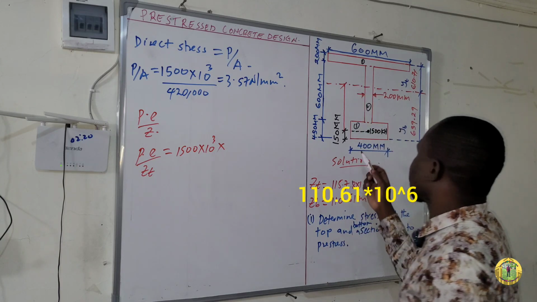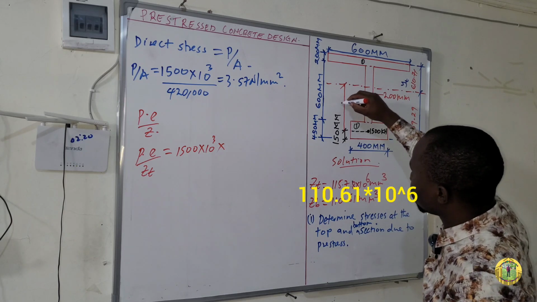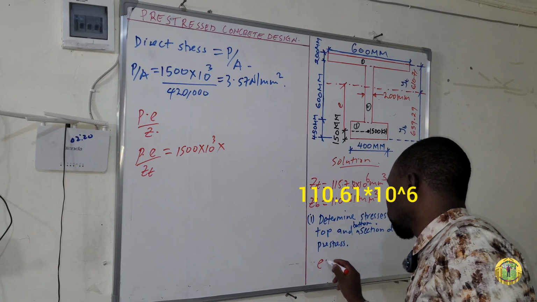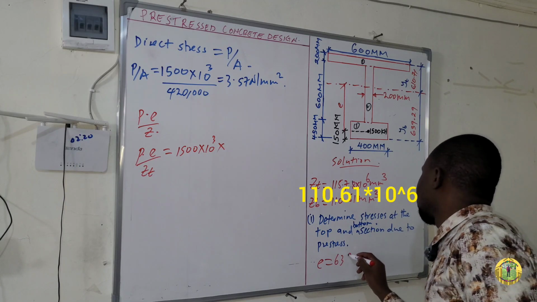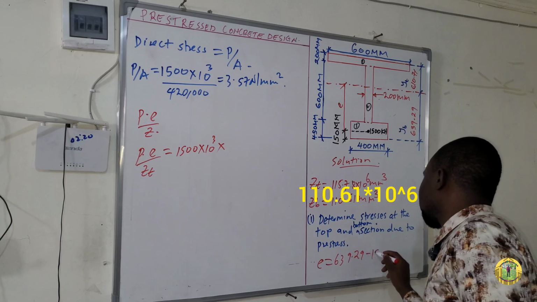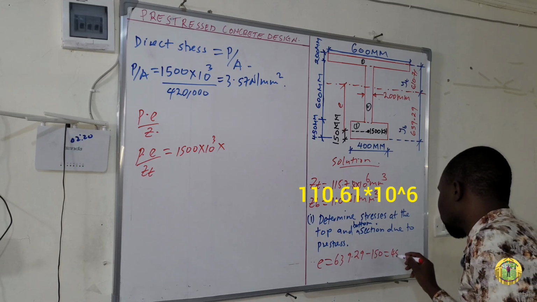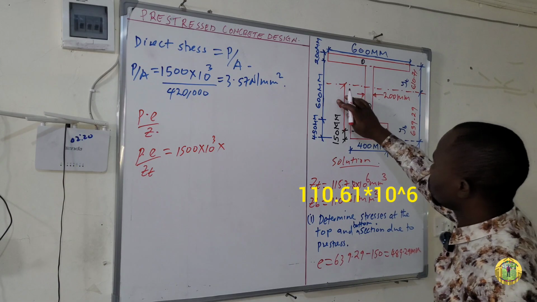Since this distance from here to here is 150, this distance is equal to E. So E is equal to 639.29 minus 150, and the answer is 489.29 millimeters.